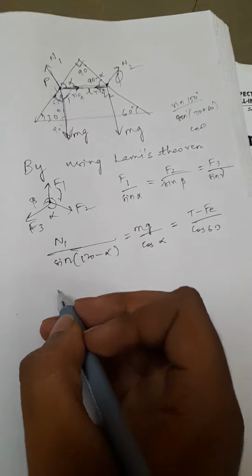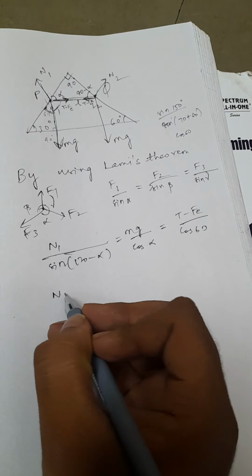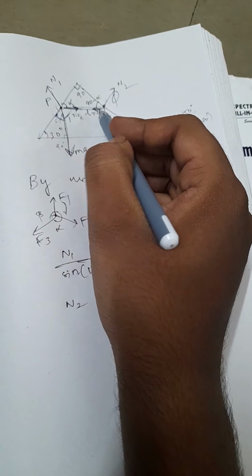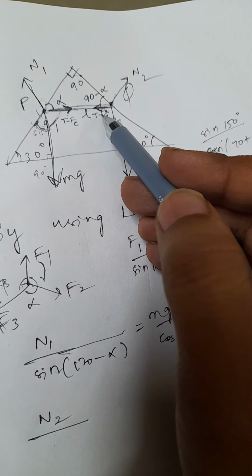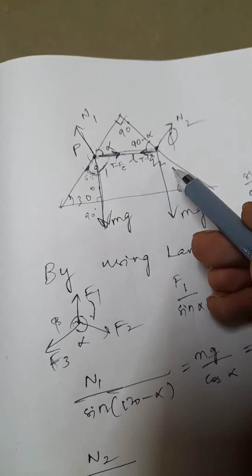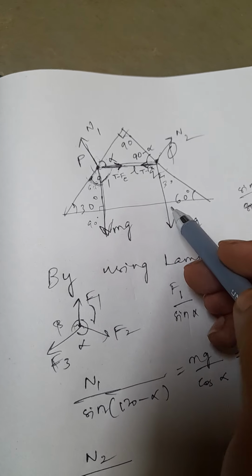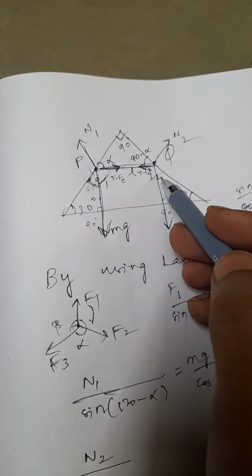Similarly, we need to find this for the other charge also. We'll take N2 divided by the angle between the other two forces. Here it will be 30 degrees, according to the sum of angles in a triangle being 180.